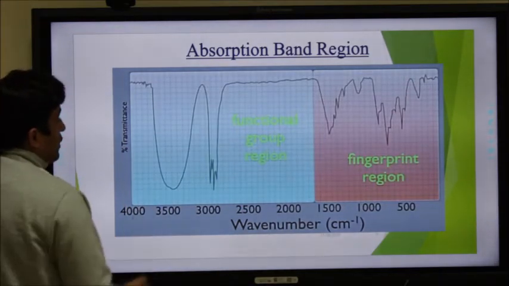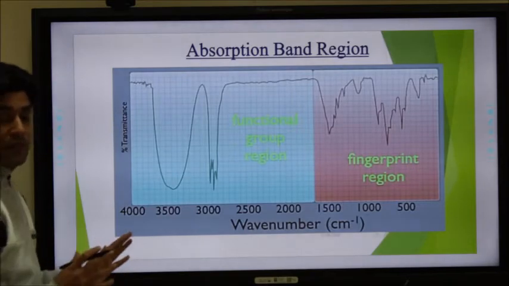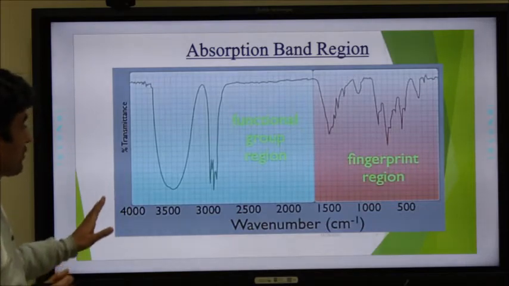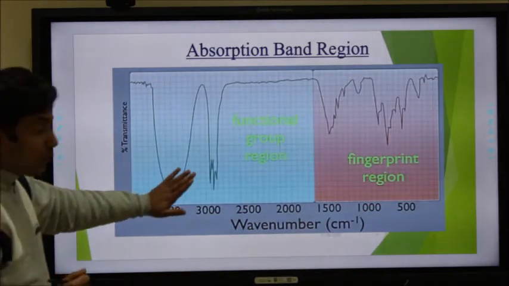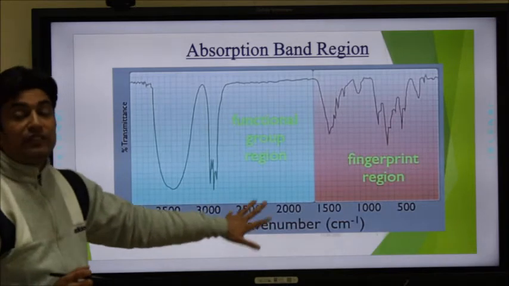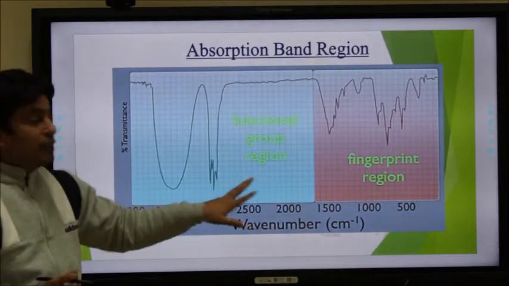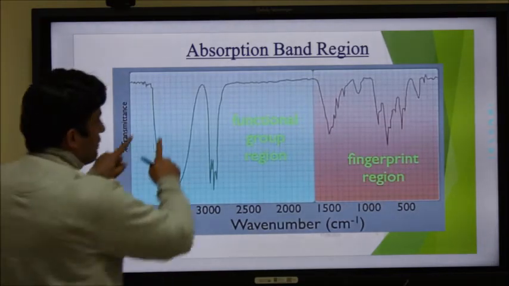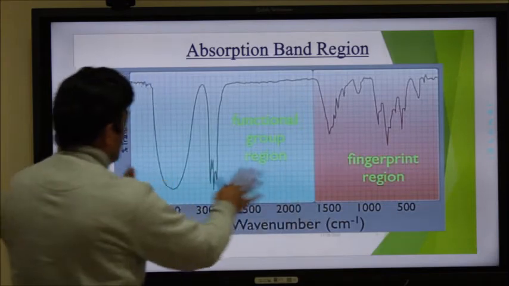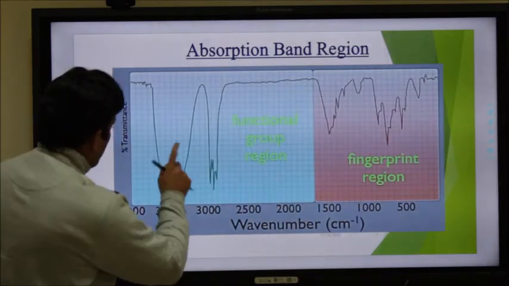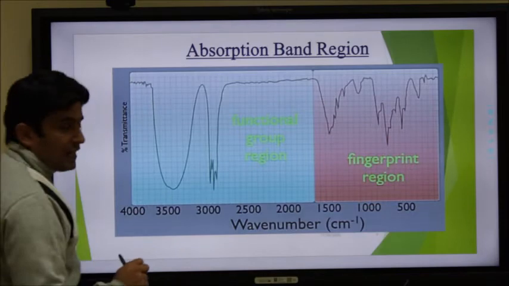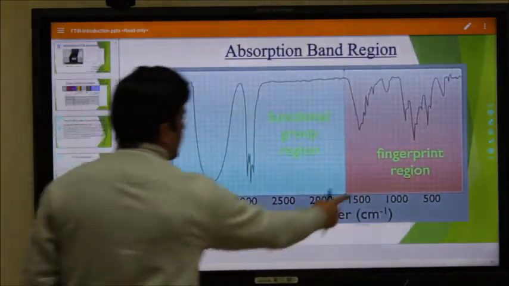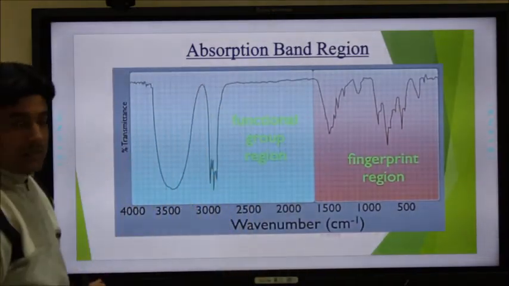Now this graph gives you a lot of information. This is a very important graph where you get information about functional groups and about the fingerprint region. Let me tell you what the terms I am using mean. I have divided this picture into two regions, one colored in light blue and the other in another color.